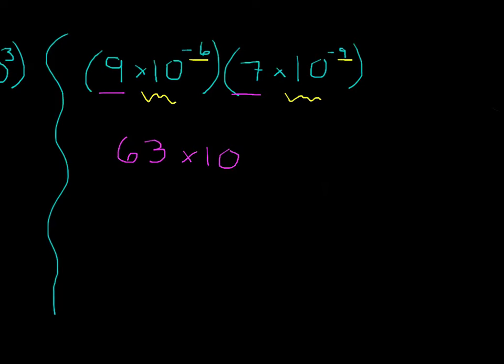Negative 6 plus negative 9 is negative 15. But this is not written properly in scientific notation, so my coefficient I need to change to 6.3. And because I had to decrease the coefficient by 1 decimal place, I need to increase my power by 1. So times 10, and then a larger exponent would be negative 14.